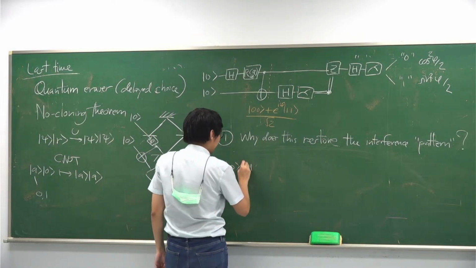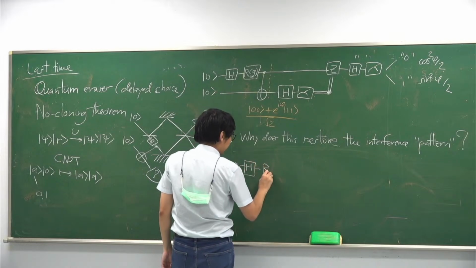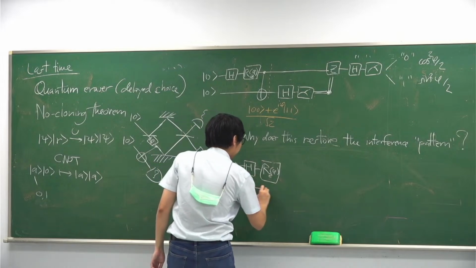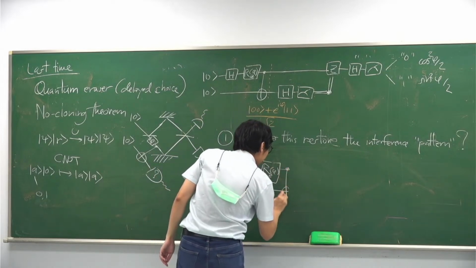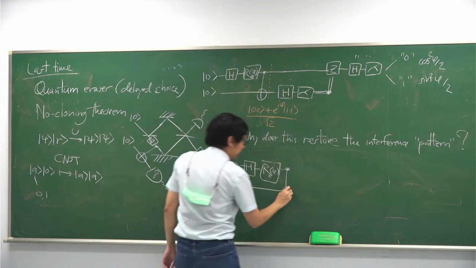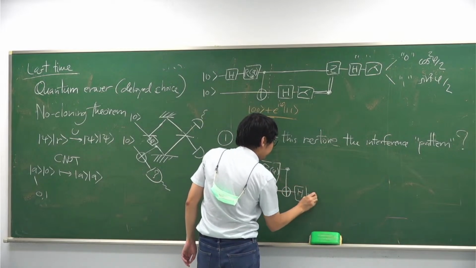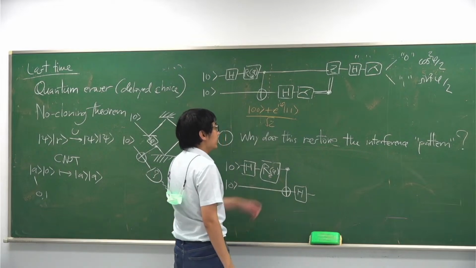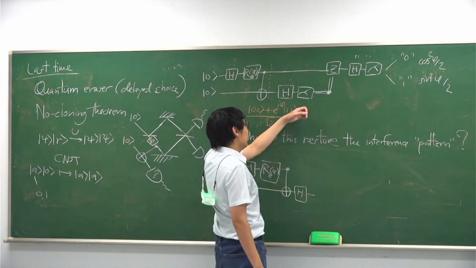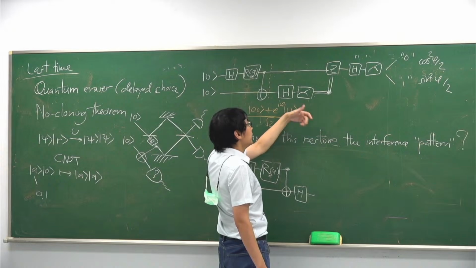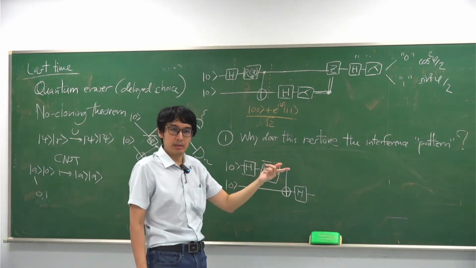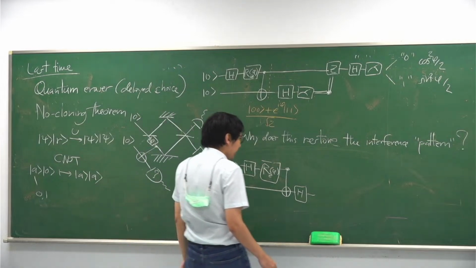So, okay, I redraw this again. Then there's this CNOT. Then I do the Hadamard, but now here is the measurement in the Z basis, and I do a control to perform a Z operation on the first qubit.